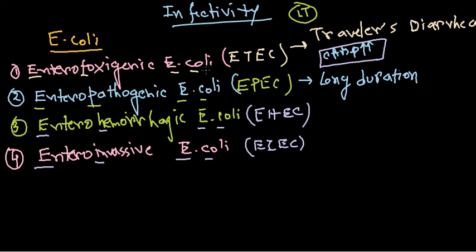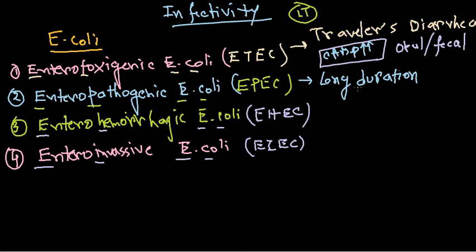In both these cases, enterotoxigenic E. coli and enteropathogenic E. coli, they cause this kind of colitis or diarrhea symptoms. The reason for that is fecal-oral transfer of this bacteria.